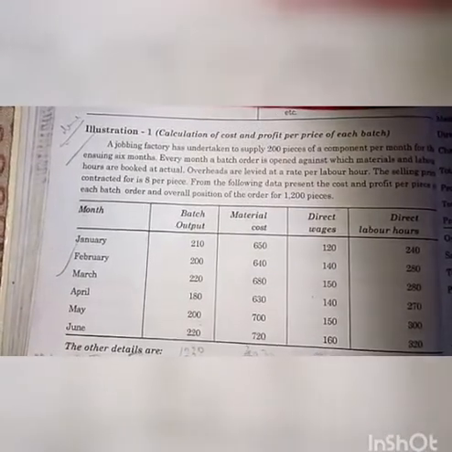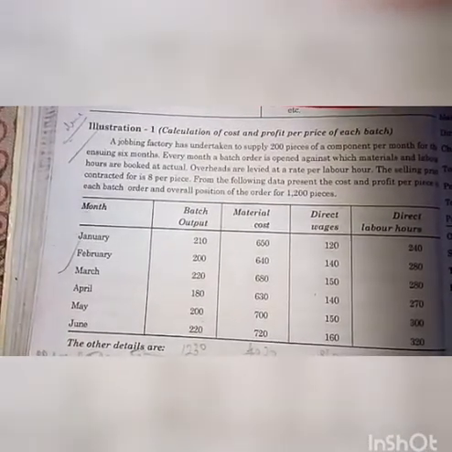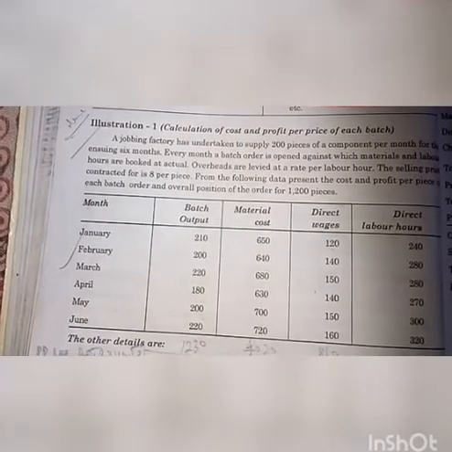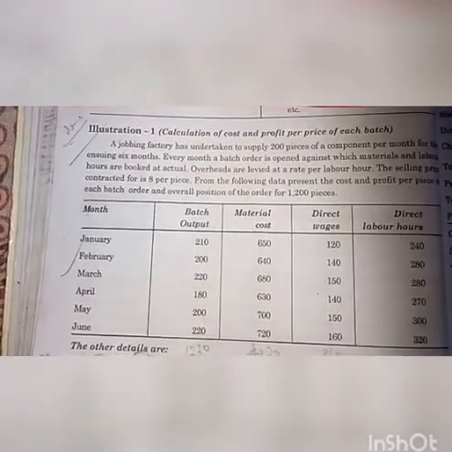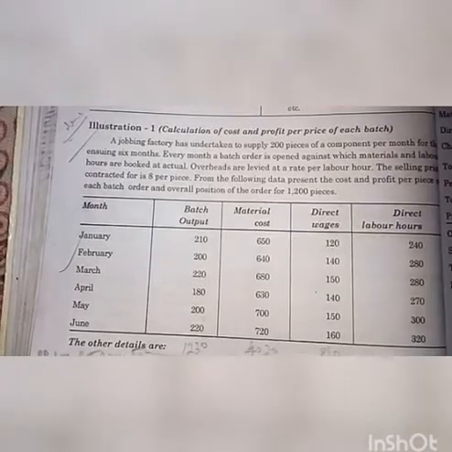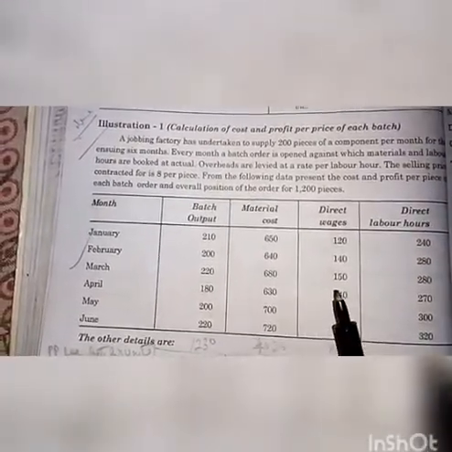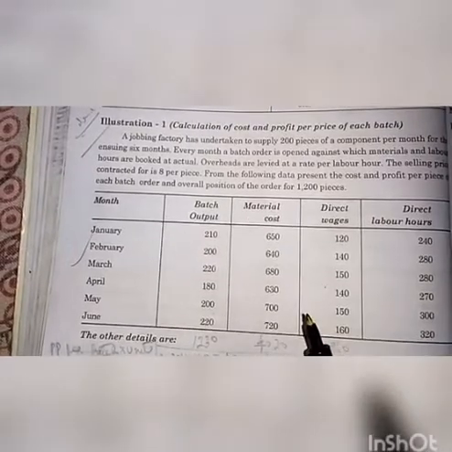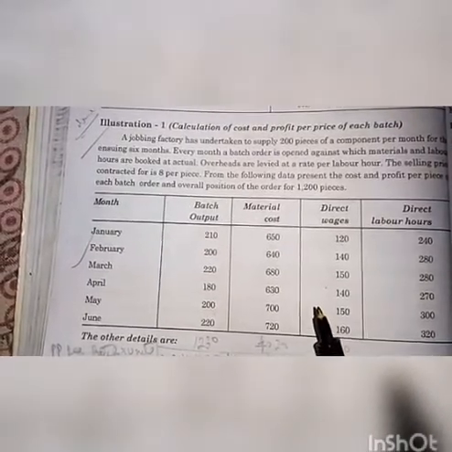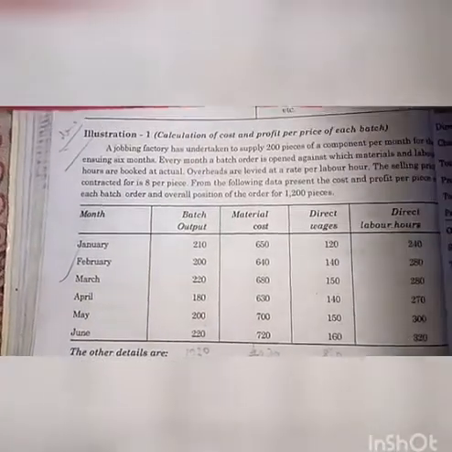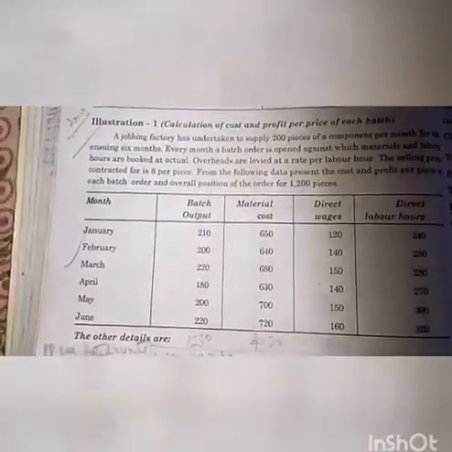It is per batch per month, and the total number of units to produce is 1200, and per batch, as per the details given, we need to calculate the total cost and total sales.